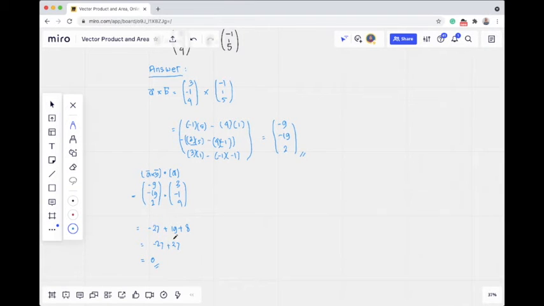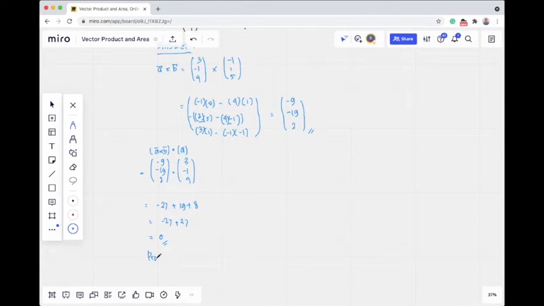Because the dot product is 0, it's proven that in this problem, A cross B is perpendicular to A. And then let's try for A cross B dot B. -9, -19, and 2 dot -1, 1, 5.